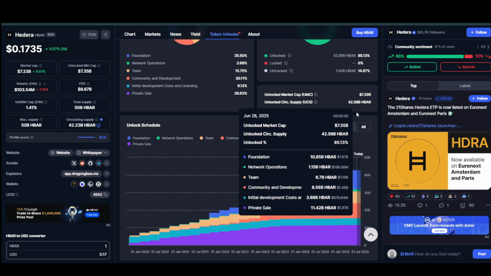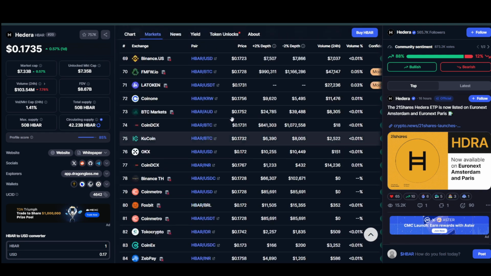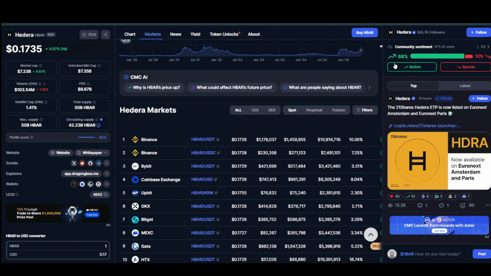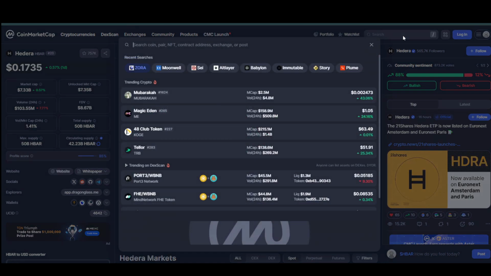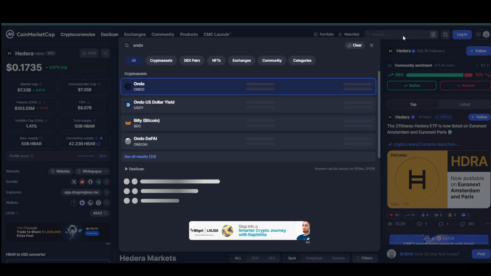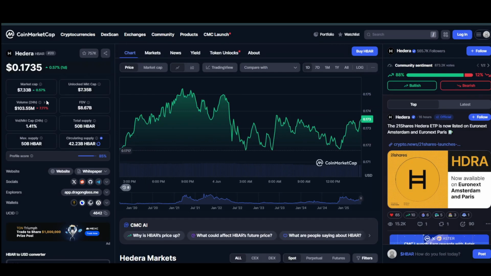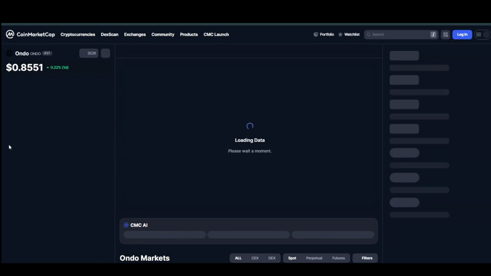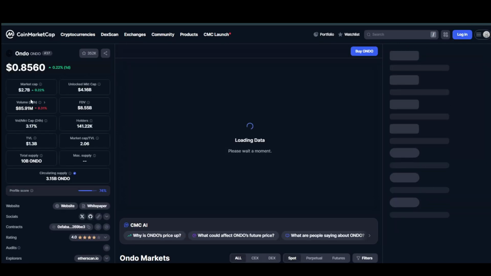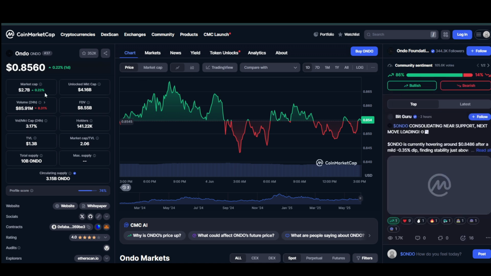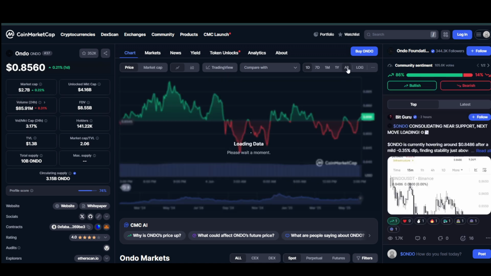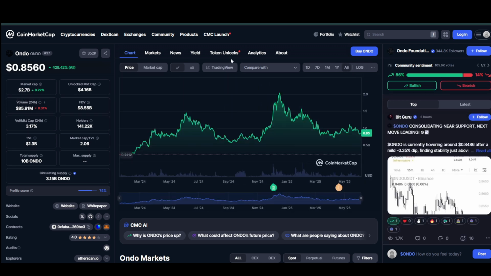That way you will be able to look at the price and what the price can do. Just for example, to show you, I am going to show you Ondo. This is a coin that has had a massive success recently. As you can see here, it had a market cap of 2.7 billion. I will just click here and go to the token unlock.